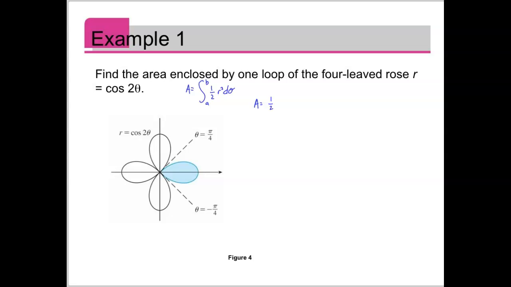Pull out the 1/2. In this case, I'm going to integrate from negative pi over 4 to pi over 4. My r is cosine 2 theta, so I'll just have cosine 2 theta squared d theta.